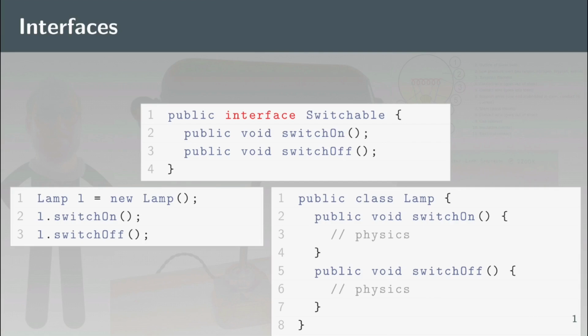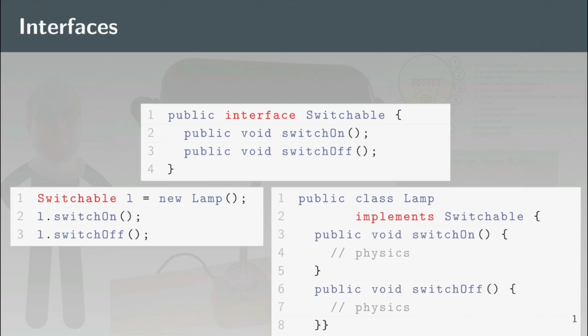Now, an interface in Java defines a type, and this means that the user code on the left could actually use a variable of type, in this case Switchable, which is the name of the interface, and use it accordingly. On the implementation side, you would want to say that a class that you're currently writing actually implements a given interface. This is done using the keyword implements like this. And now this class is connecting to the interface from the implementation side.